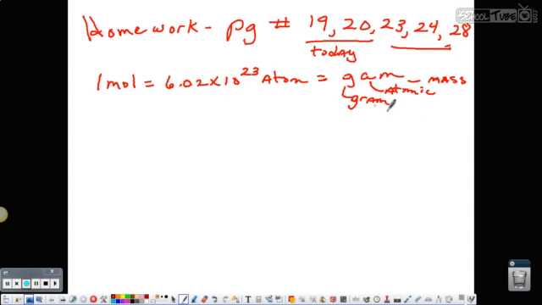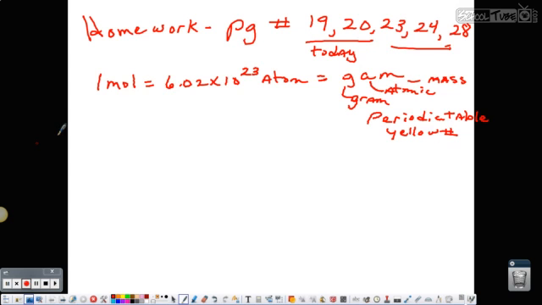So, the GAM comes from the periodic table, and it is the yellow numbers. Alright, so GAM, gram atomic mass. Look on the periodic table, find the yellow numbers.